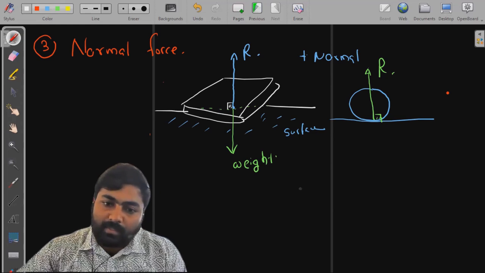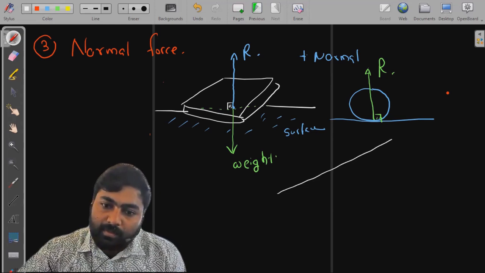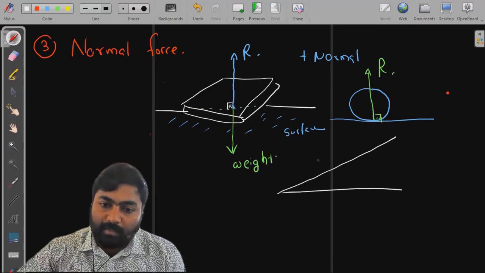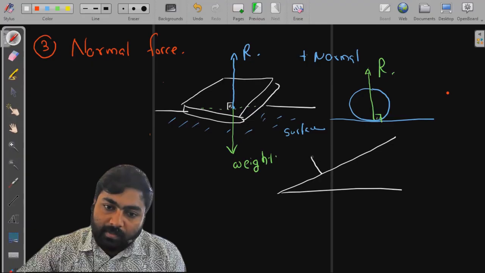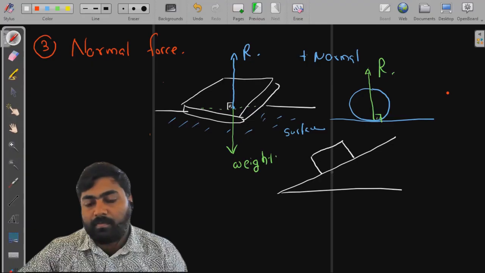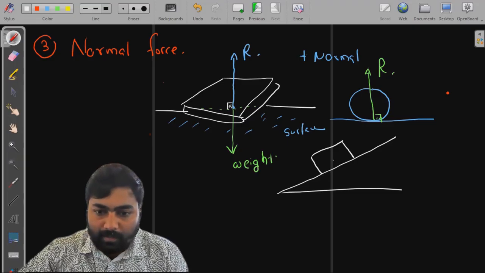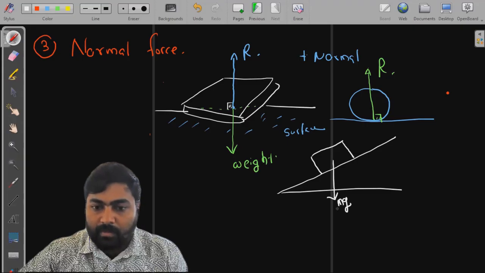Then think of this kind of instance. This is an inclined plane, and an object is placed on the inclined plane. This weight is always directed towards the ground.